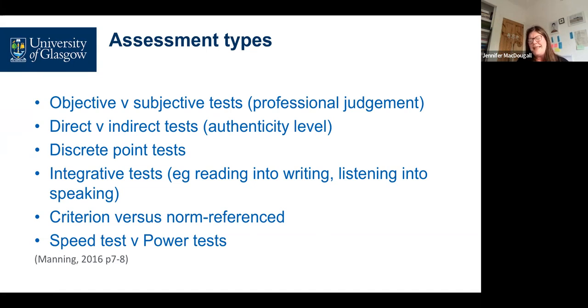Norm reference testing, I don't think happens so often now, but it would be where we're comparing different performances of different students so that you would get the best to the weakest. We actually do this in my context with our new students coming in first year.